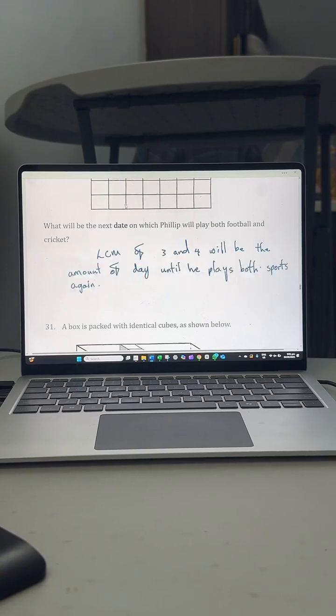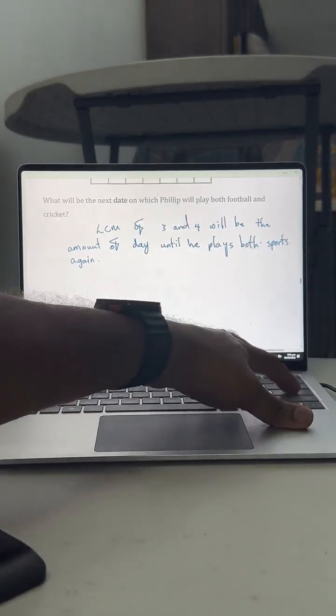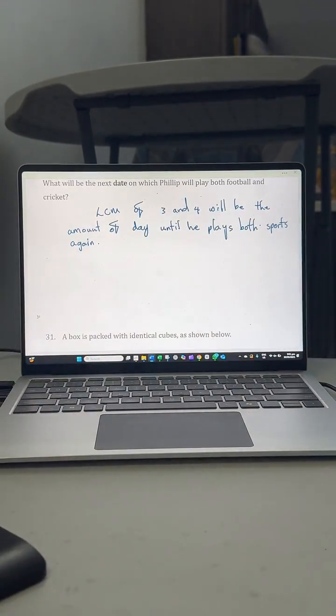So I'm going to find the LCM of 3 and 4, which is easy, but we're just going to line up the working, right? So we have 3 and we have 4, okay? First prime number here would be 2. 2 cannot go into 3, you bring down the 3. 2 into 4 is 2.